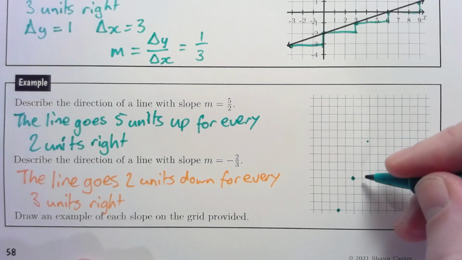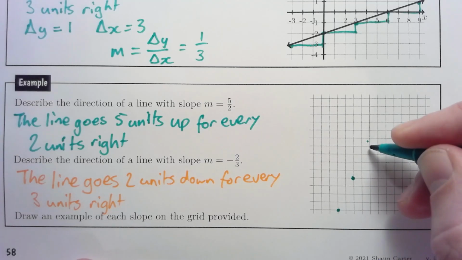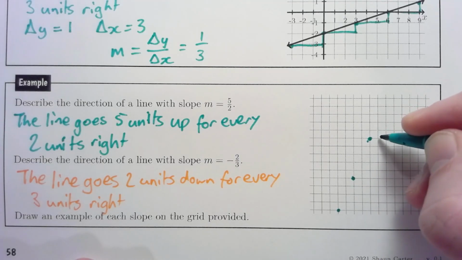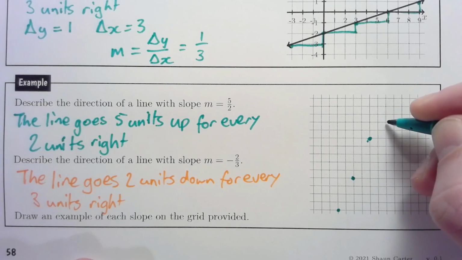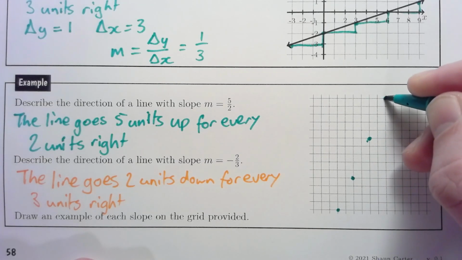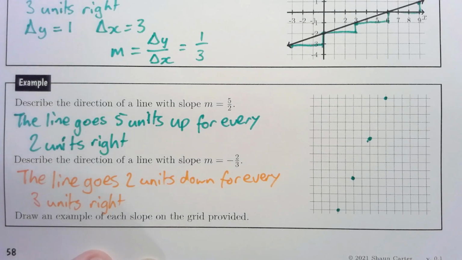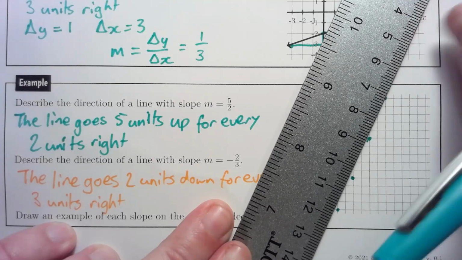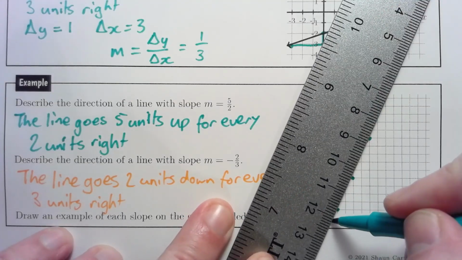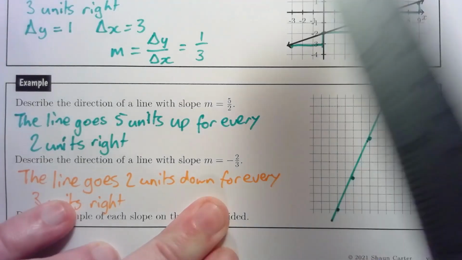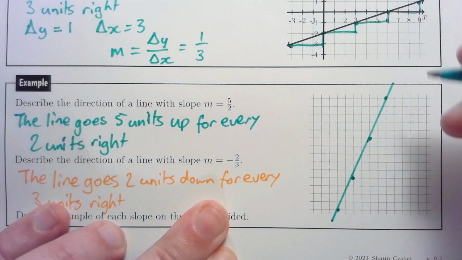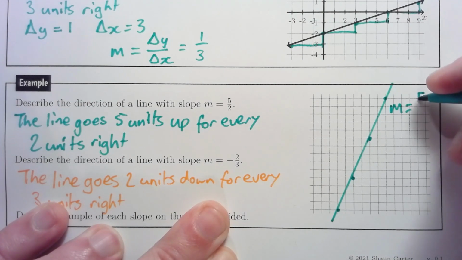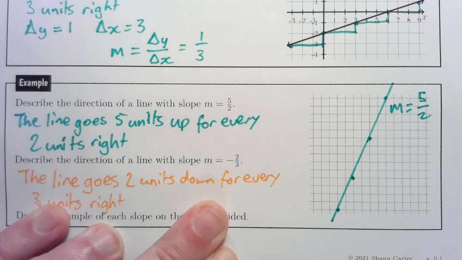Let's double check I've got that. And then 2 units across, 1, 2, 3, 4, 5. And then I can draw my line through those points. I'm going to label that as m equals 5/2.